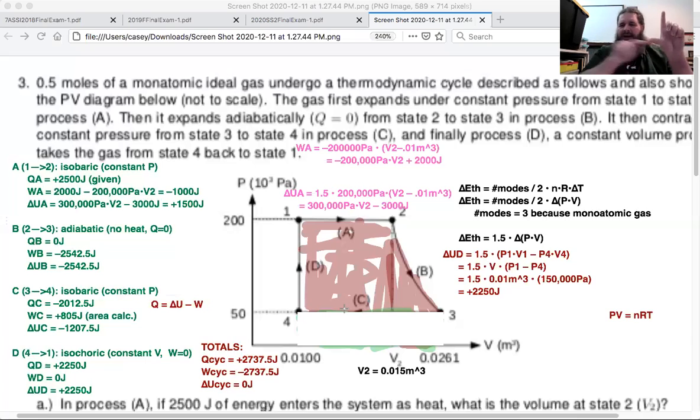So if you're graphing entropy versus temperature and you just have some process, the area under that curve all the way down to the axis is heat. But if you've got a cyclic process graphed on a temperature entropy graph, the area enclosed inside that loop is the amount of heat during the entire cycle. So the same concept still applies, just heat instead of work.